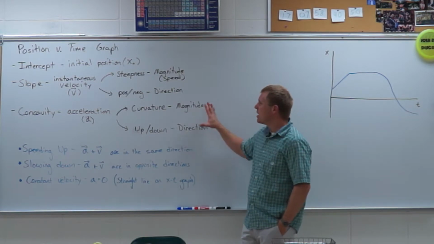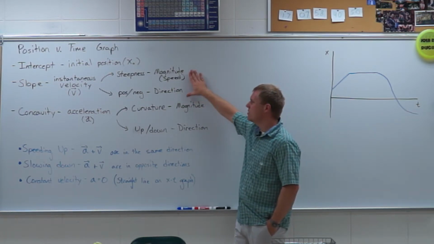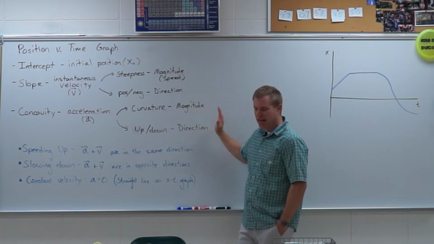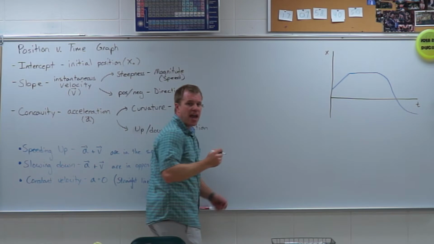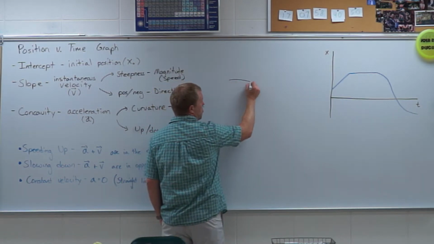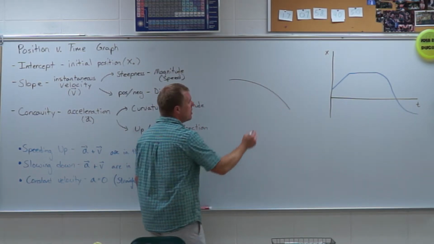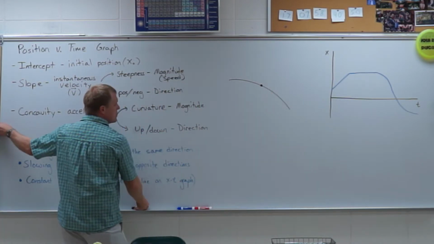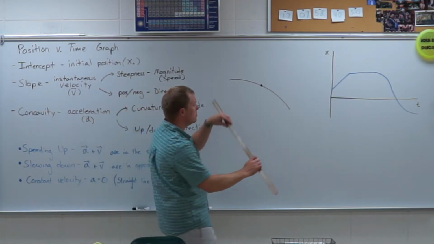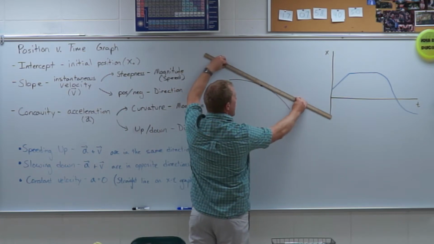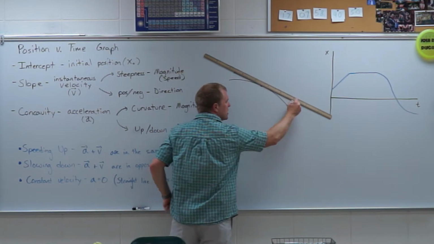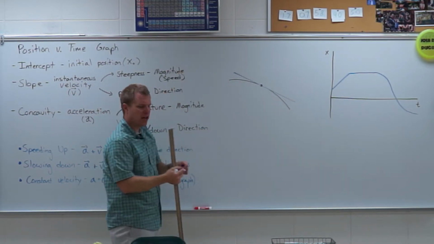So let me just show you what I mean by slope, or instantaneous slope at a point, and concavity. So if I take a curve such as this, and I say I want to find the slope at this point, what we do is we take a straight edge ruler, whatever you imagine, and you pretend like you are going to create a line that's tangent at that point, meaning it only touches at that one point.